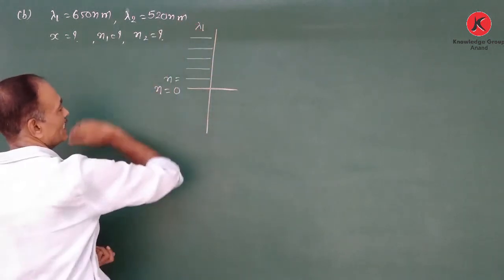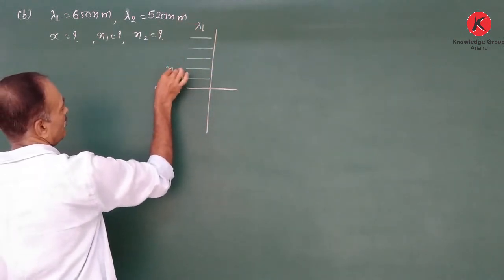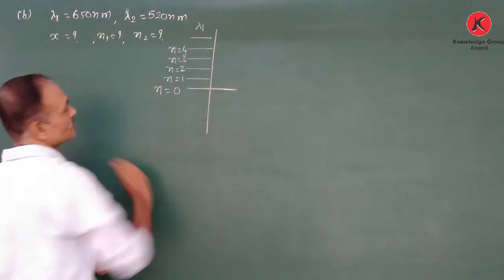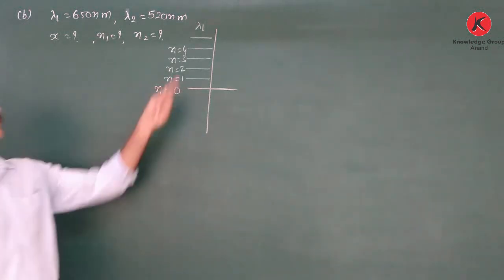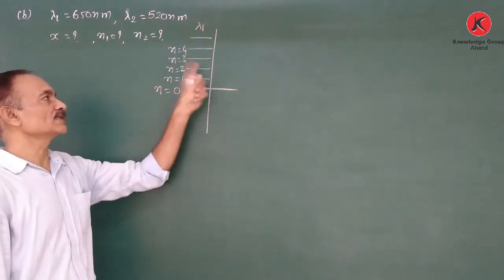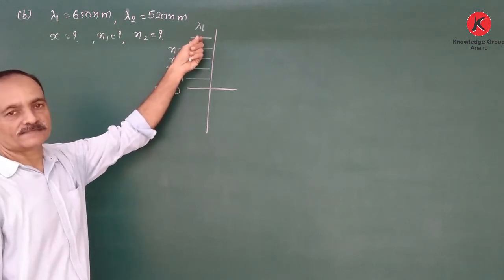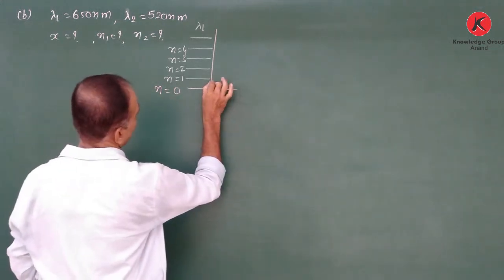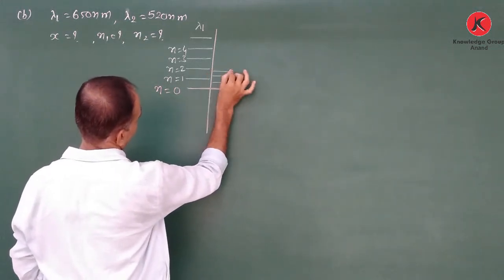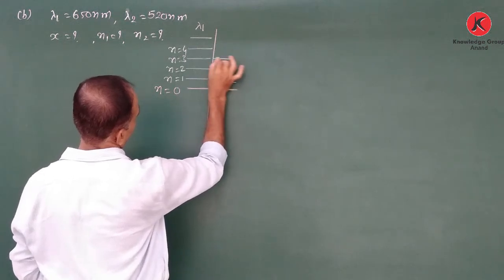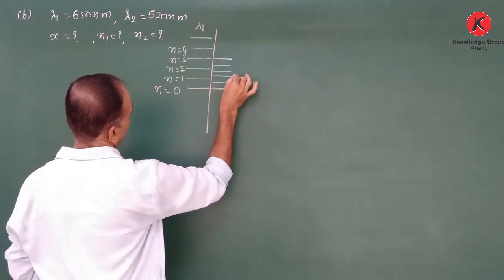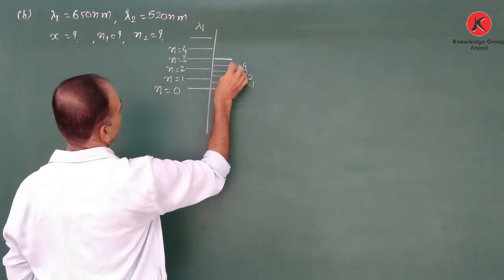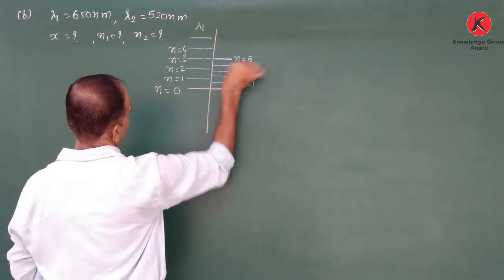For the particular wavelength lambda 1, n is 1, n is 2, n is 3, n is 4. So this type of bright fringes are obtained on the screen when we are using lambda 1. Now when we are using lambda 2, the bright fringes are formed this way: n is equal to 1, 2, 3, 4, and 5.